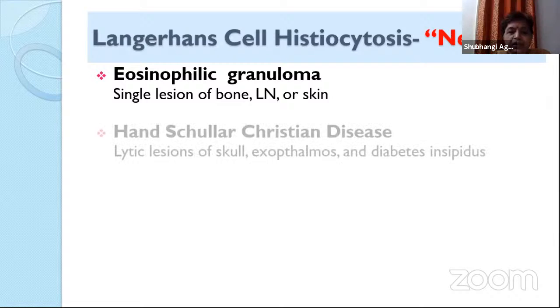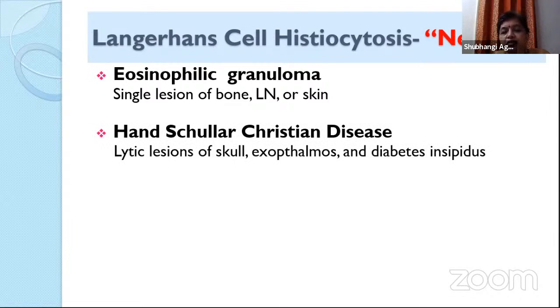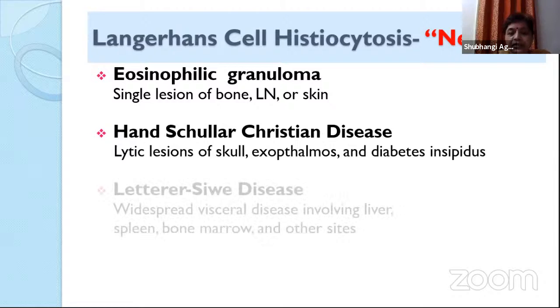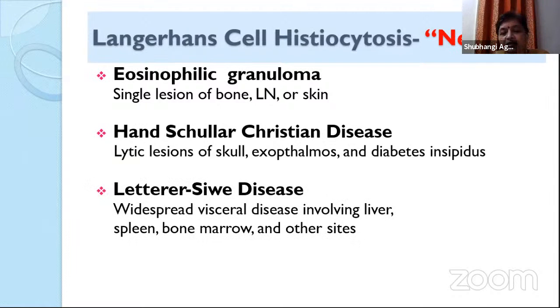The second variety is Hand-Schüller-Christian disease, which is comprised of lytic lesions of the skull, exophthalmos, and diabetes insipidus. Third category is Letterer-Siwe disease, where widespread visceral disease involving the liver, spleen, bone marrow, and other sites is present. These are the old terminologies which were used.